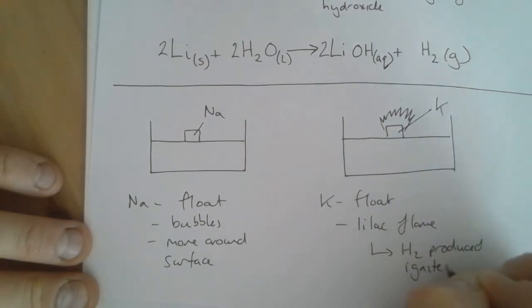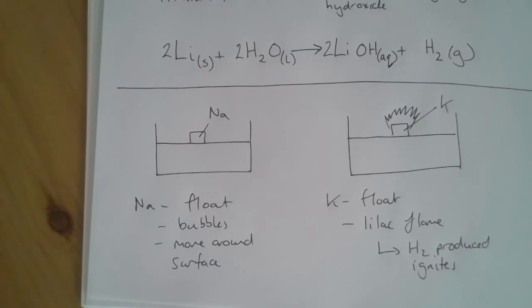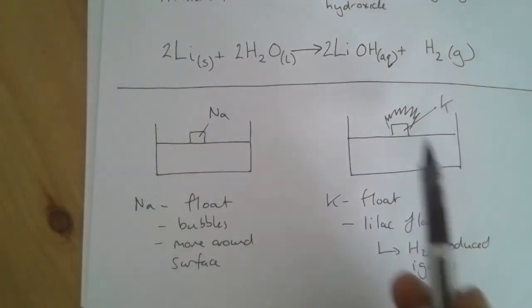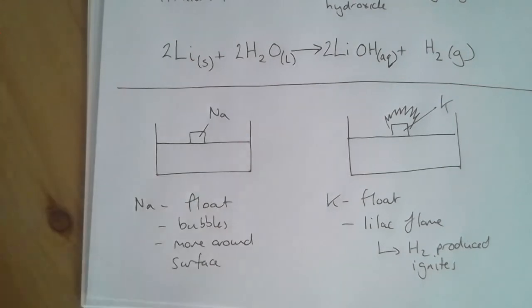And the reason it ignites is because potassium is much more reactive than sodium. So the exothermic, or heat releasing, nature of this reaction will set light to the hydrogen.